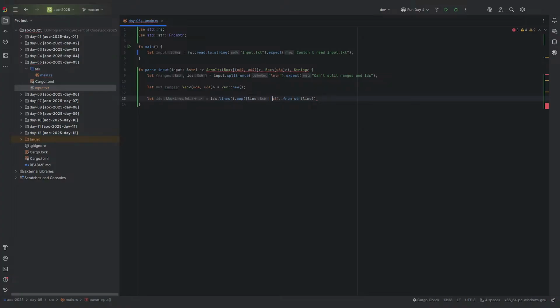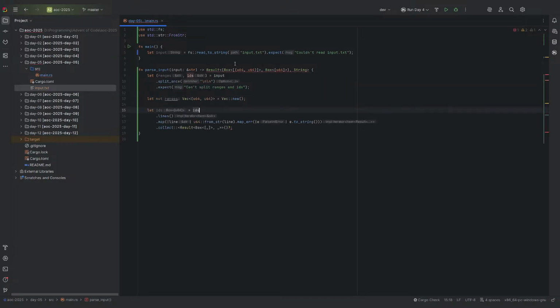Should be able to do... 2-string, don't quite want that. That was pretty easy, and then I can just return. Nice. Now for the tricky step, actually building the ranges.